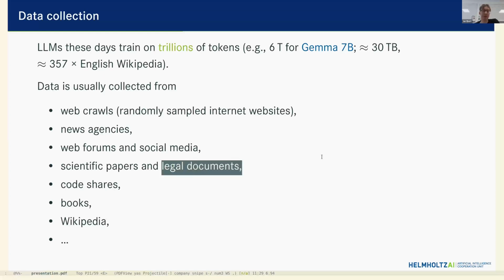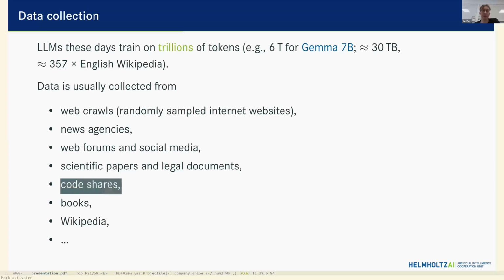For example, the European Commission publishes legal documents even in multiple languages, which is useful if we want to train our model in different languages. And then there are also code sharing websites where we can obtain code. Maybe you have heard of GitHub, where people just publish their code. And by using code in the training data, our models can also learn how to code.